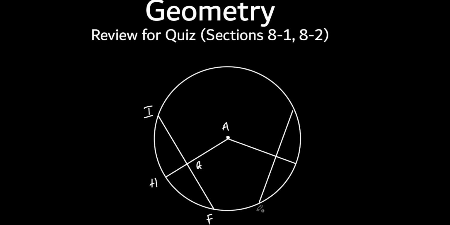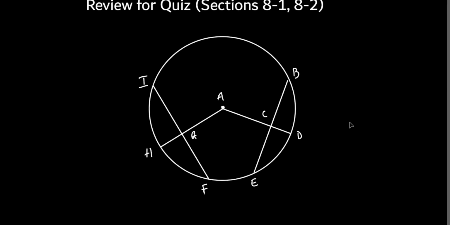This is F, this is E, this is C, and D, and B. Here's all the stuff. And they tell you that this is perpendicular, and this one's perpendicular. I think that's everything they tell you.